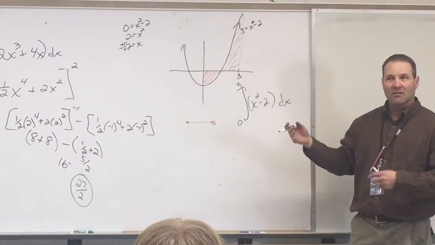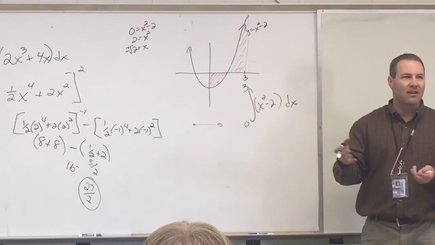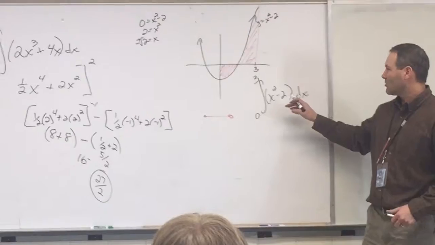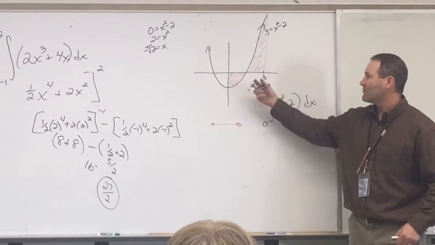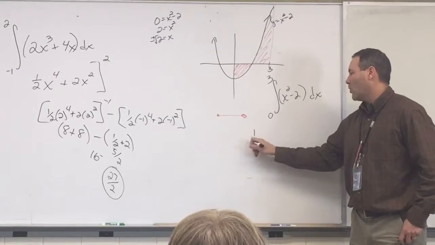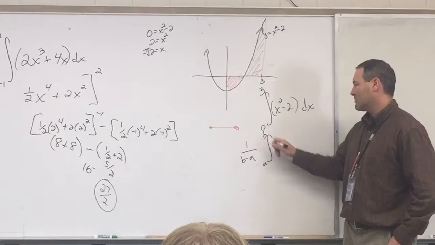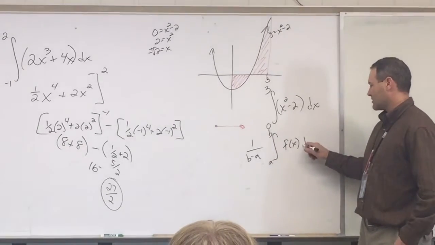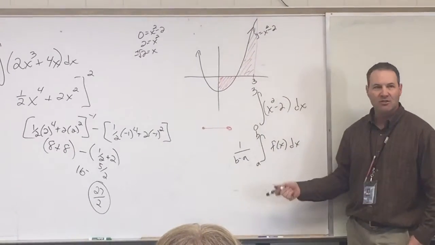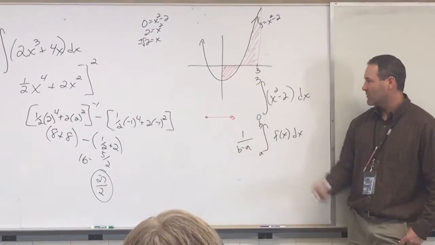It's like finding the average age: we add up everybody's ages and divide by how many students we have. Here, we add all the area and divide by how far we've gone. So the formula is 1 over b minus a, integral from a to b, f of x dx. That's the average.